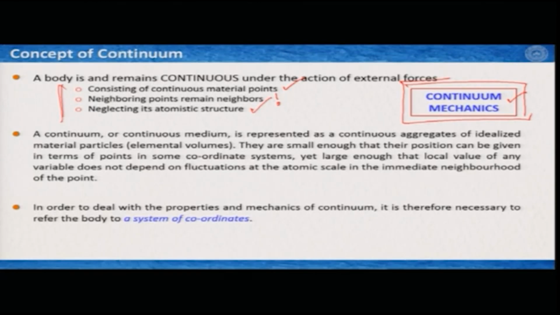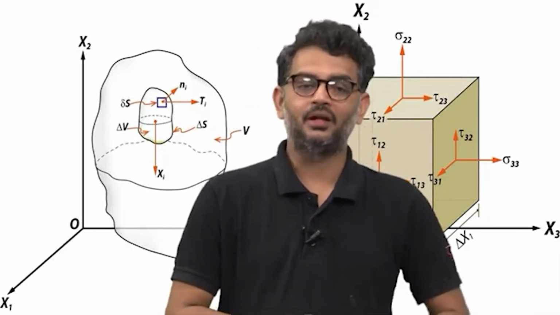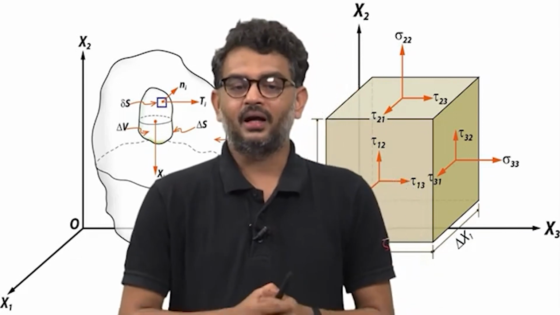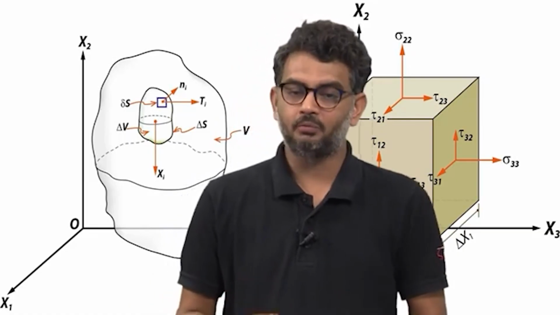These elemental volumes are small enough that their position can be given as points in a set of coordinate systems, whatever coordinates you consider, but large enough that the local value of any variable does not depend on fluctuations at the atomic scale in the immediate neighborhood of the point. So this subject is studied in a sweet spot: not so small that you cannot plot it in a coordinate system, but not so big that small fluctuations at the atomic scale can affect your system.